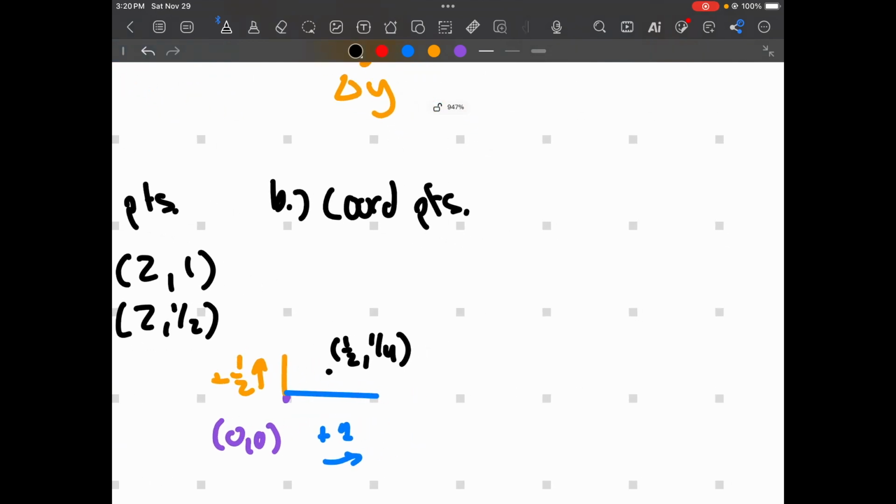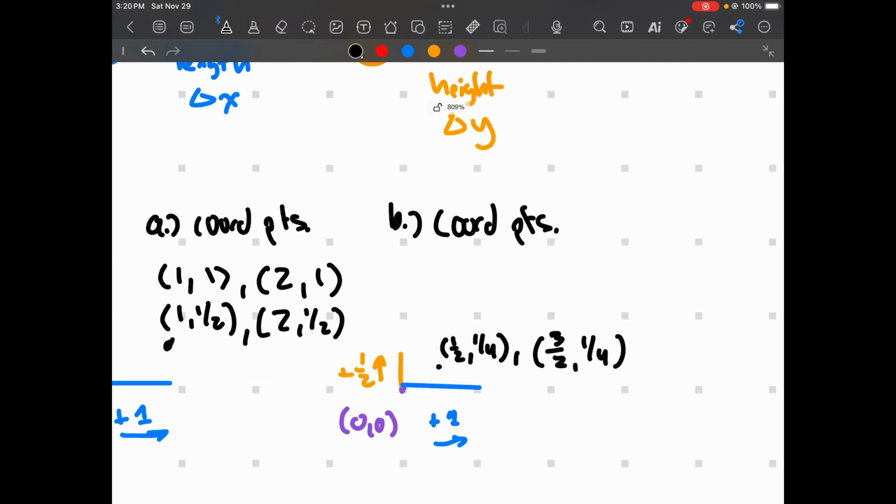And if I add another x, I will get 3/2, 1/4. And if I add my delta y, I will have 1/2, 3/4, and 3/2, 3/4. So those are our 4 midpoint coordinate points.